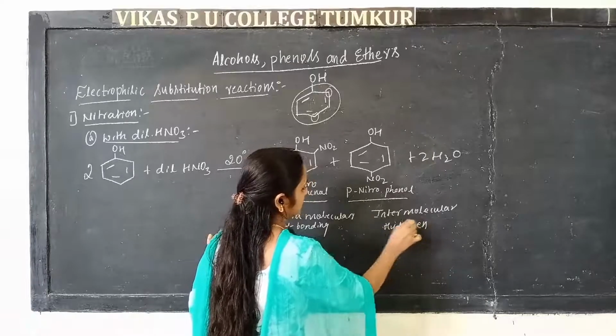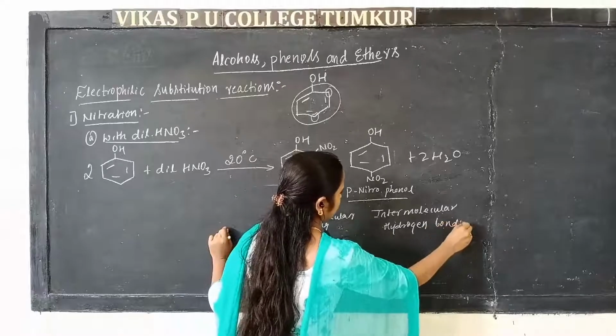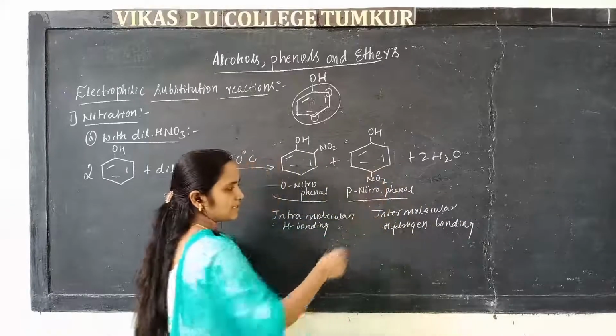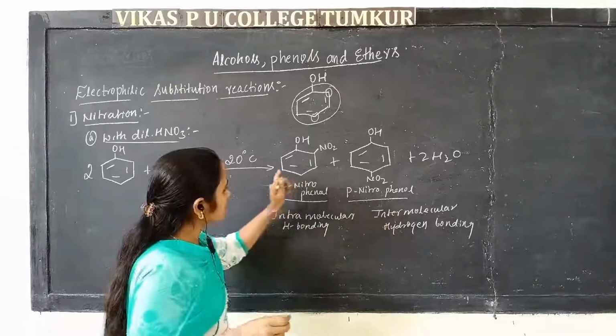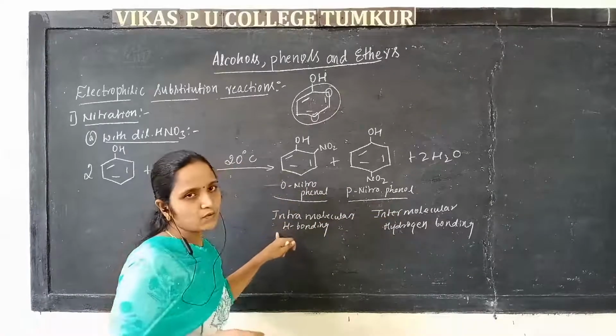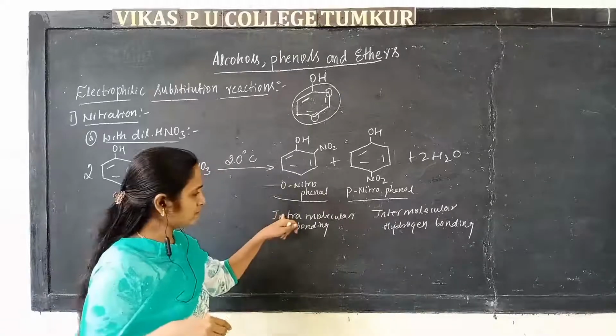For this reason, para-nitrophenol is less volatile, but ortho-nitrophenol is more volatile, that is, steam volatile.